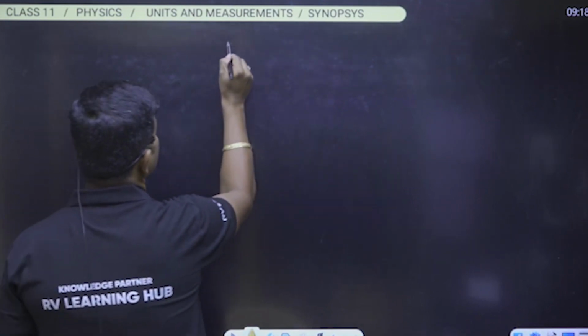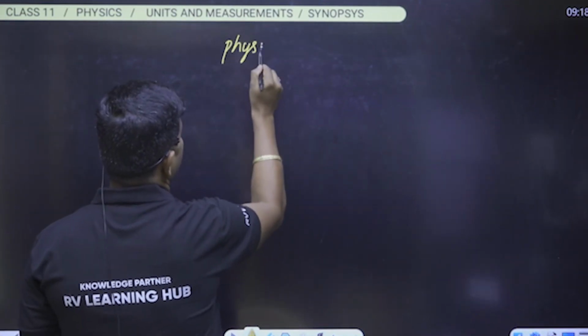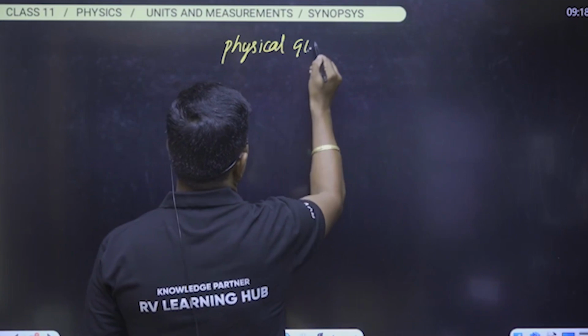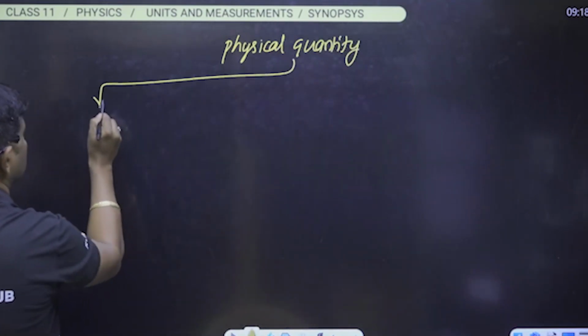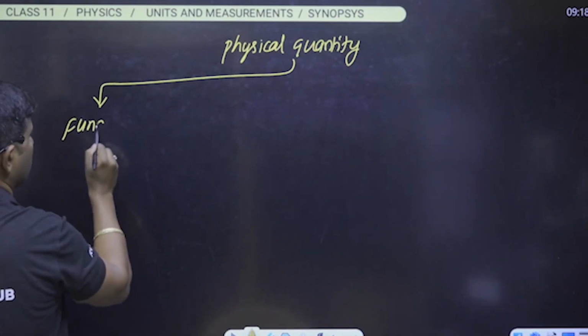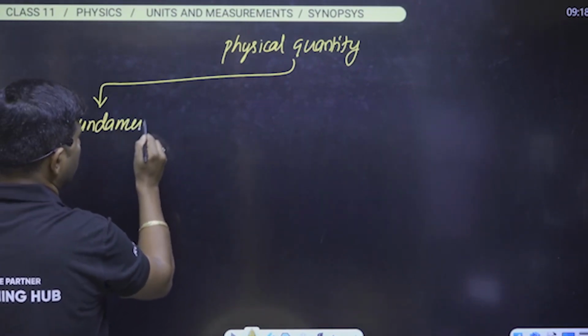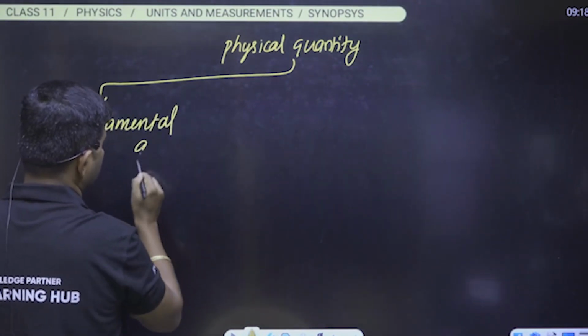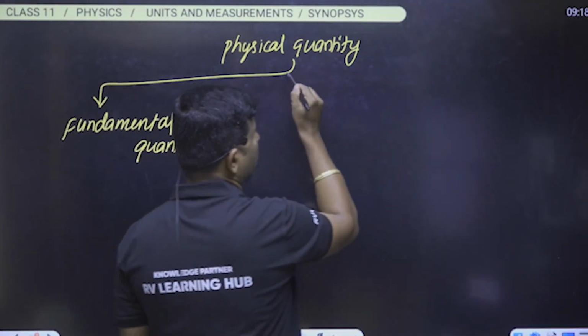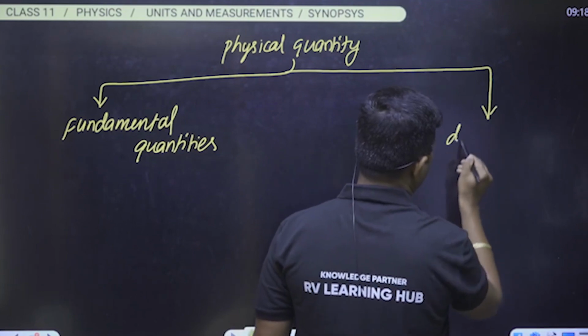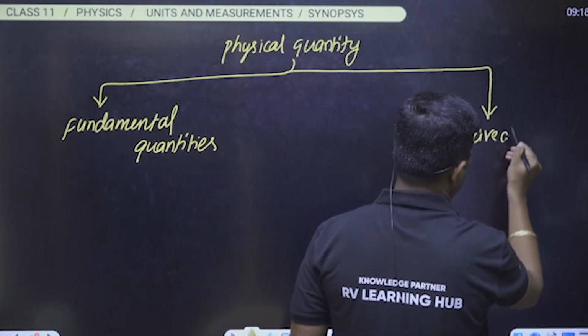Later, this physical quantity is basically classified into two types. The first one is called fundamental quantities, and the second one is called derived quantities. What are these fundamental and derived quantities? Let us learn one by one.